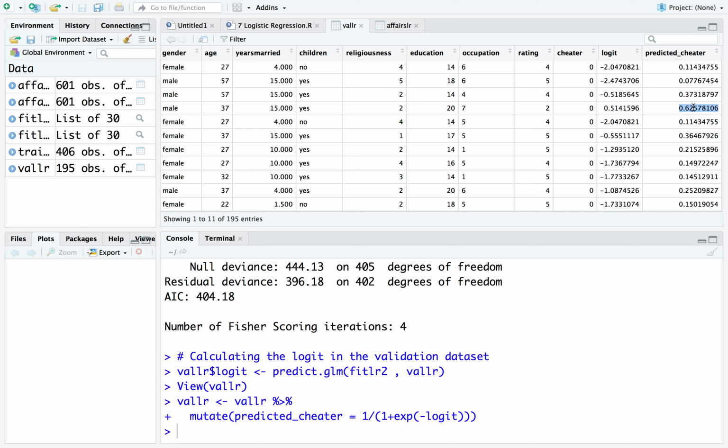If their probability of buying is 0.62, the estimated revenue from this person would be $62. If the probability of buying were 0.11, then it's $11.